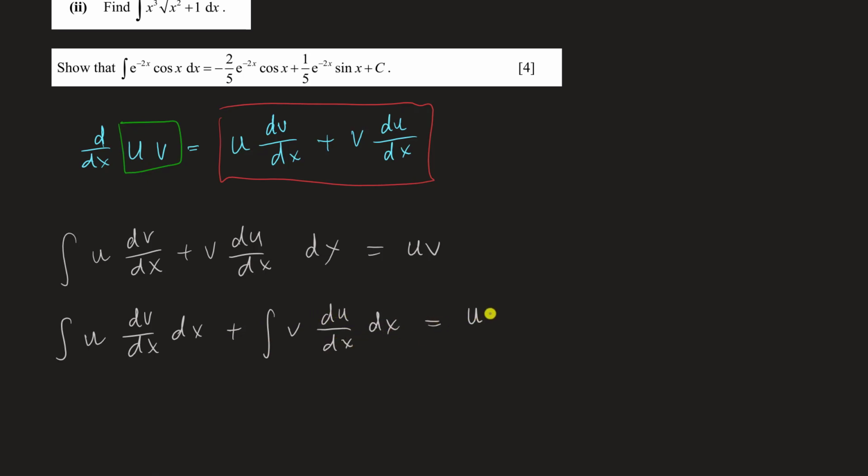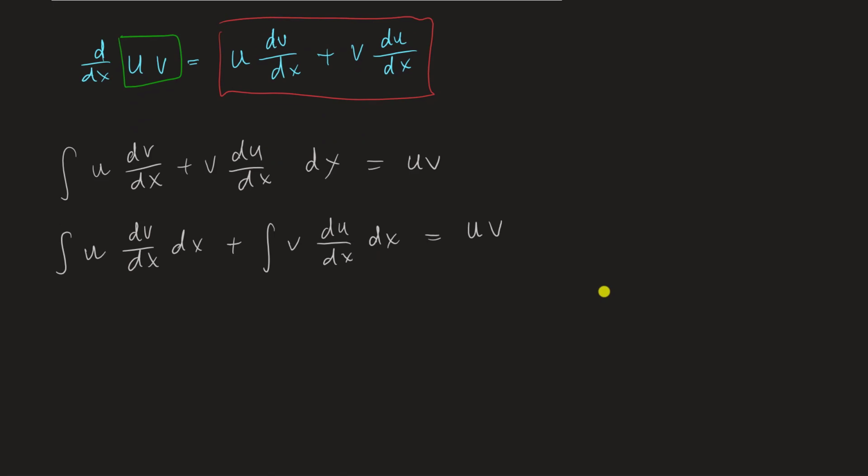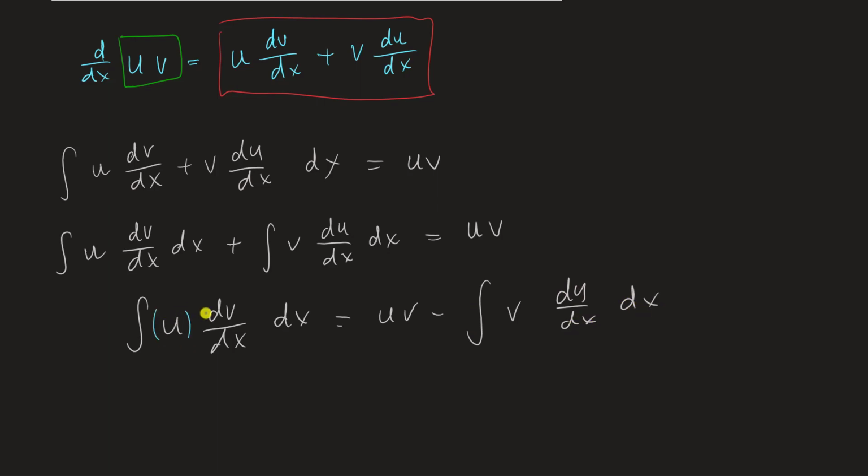This is equal to uv. I'm going to bring this chunk over to the right hand side. I'll get uv minus integrate v du dx with respect to x. You see two items on the left hand side. Integrating two items will give you uv minus integrate these two items.